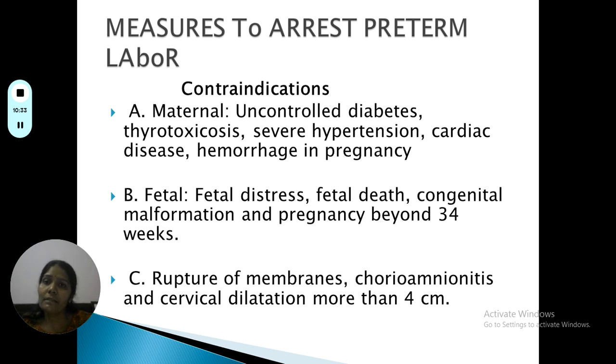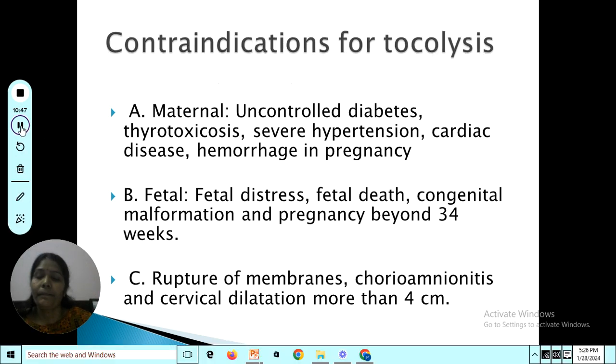So what are the measures to arrest preterm labor? And what are the contraindications? First, in which conditions should we not arrest labor? Normally what we do is we give tocolysis and steroid coverage so that the baby is well without any respiratory distress after delivery.